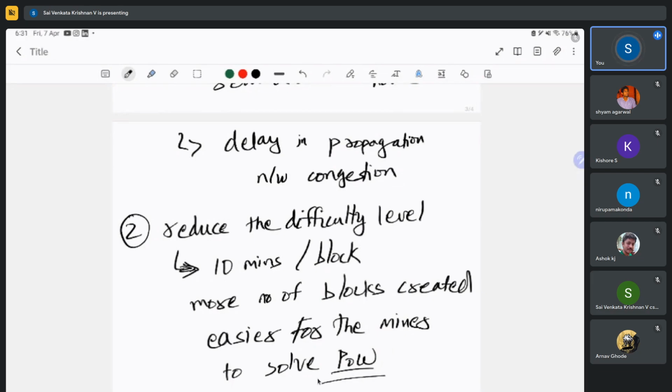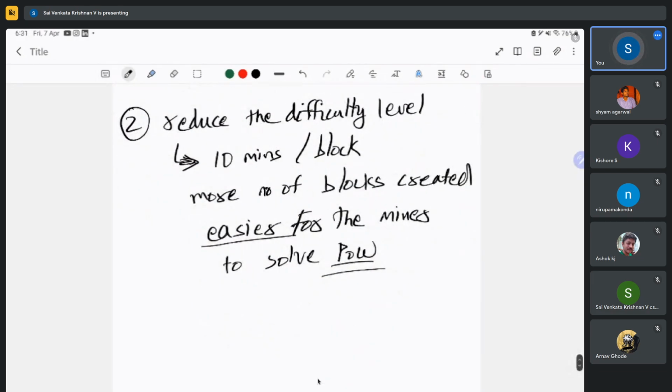And now what happens is, more miners, say for block number 10, there will be like say 100 miners who would be able to solve it.